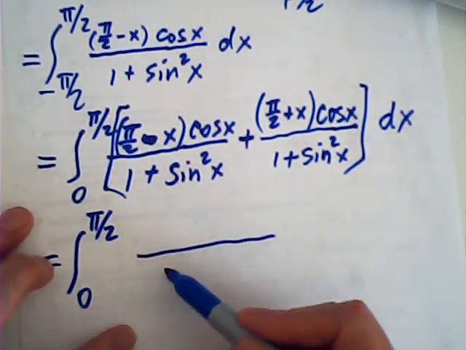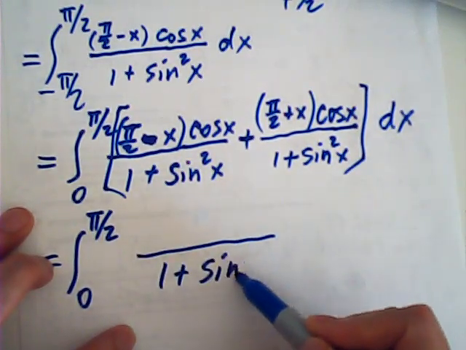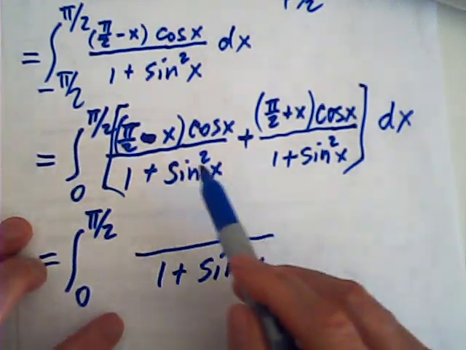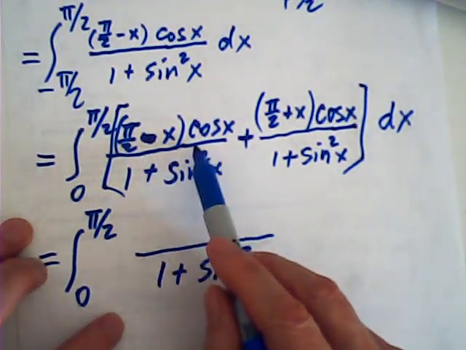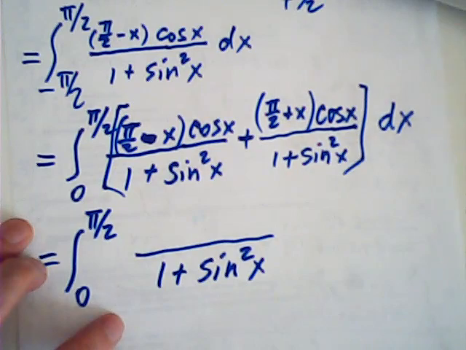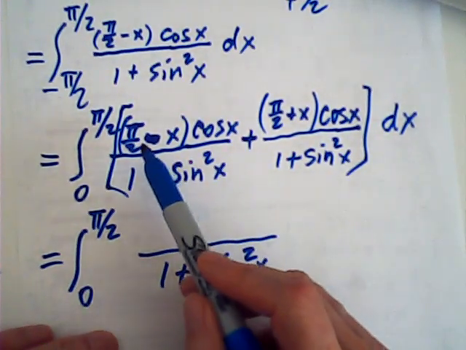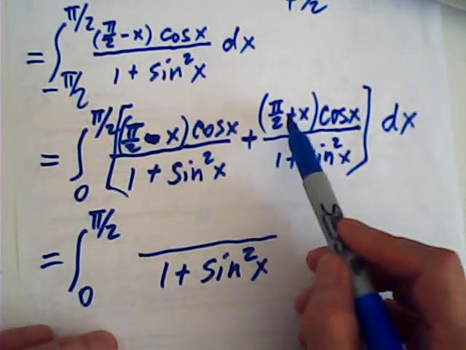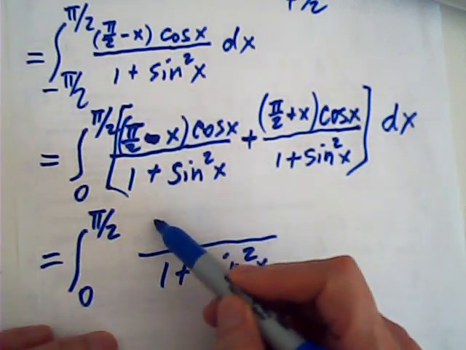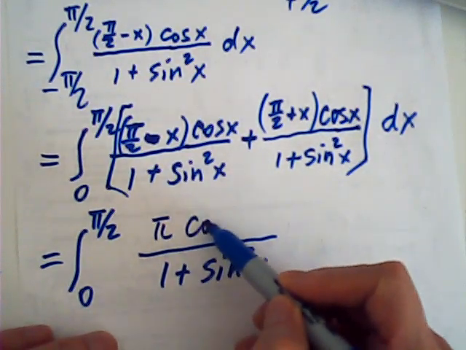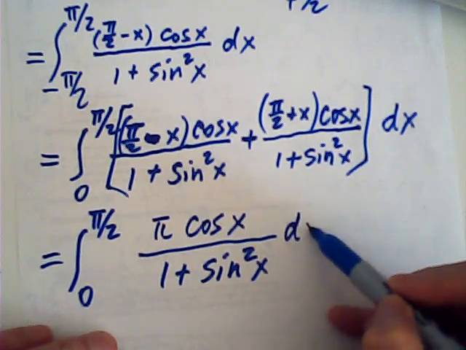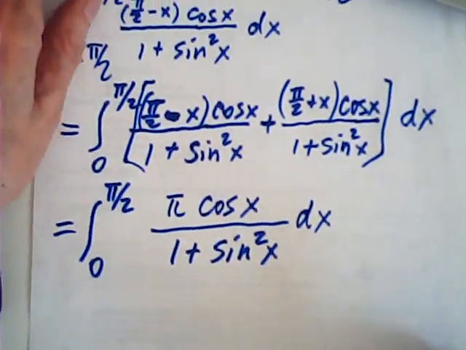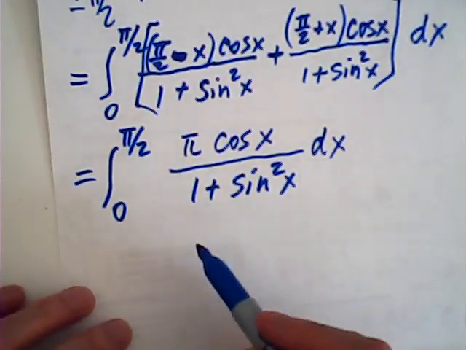So this one is equal to the integral from 0 to half pi. Now 1 plus sine square x is a common factor, and cosine x is also a common factor. Half pi minus x plus half pi plus x becomes pi. Good.